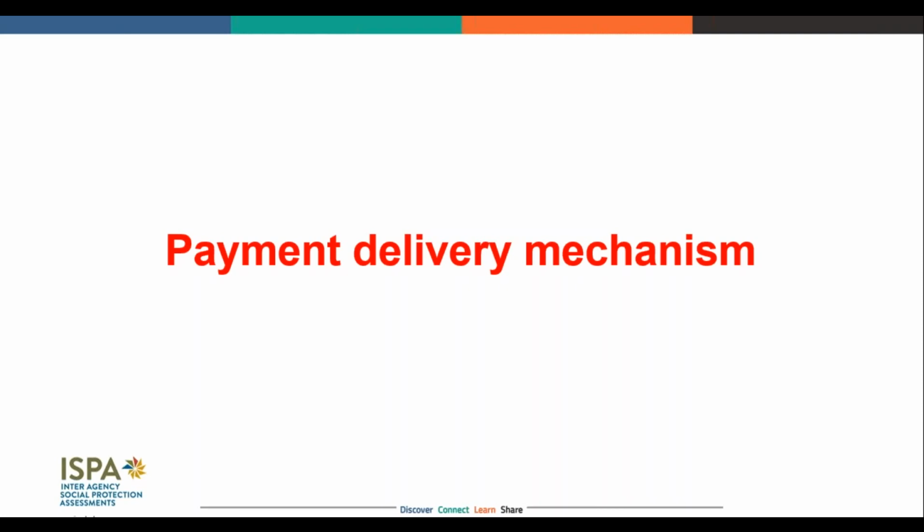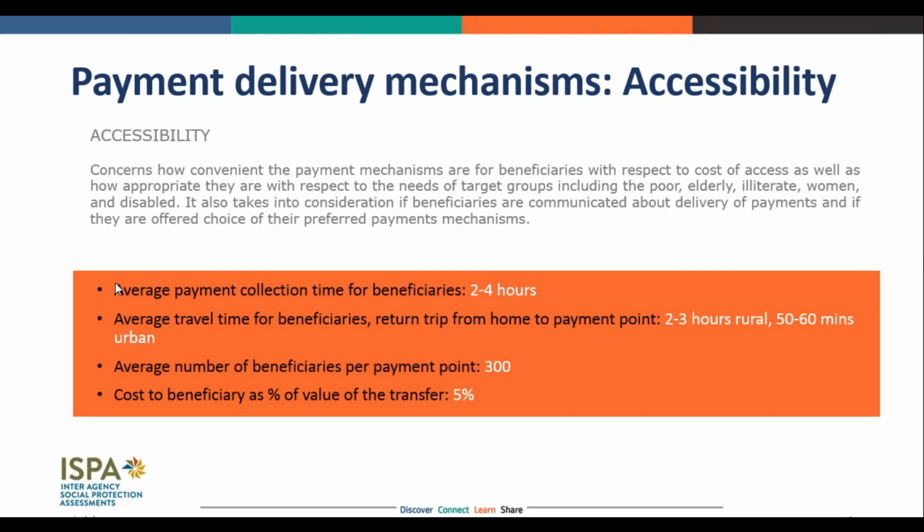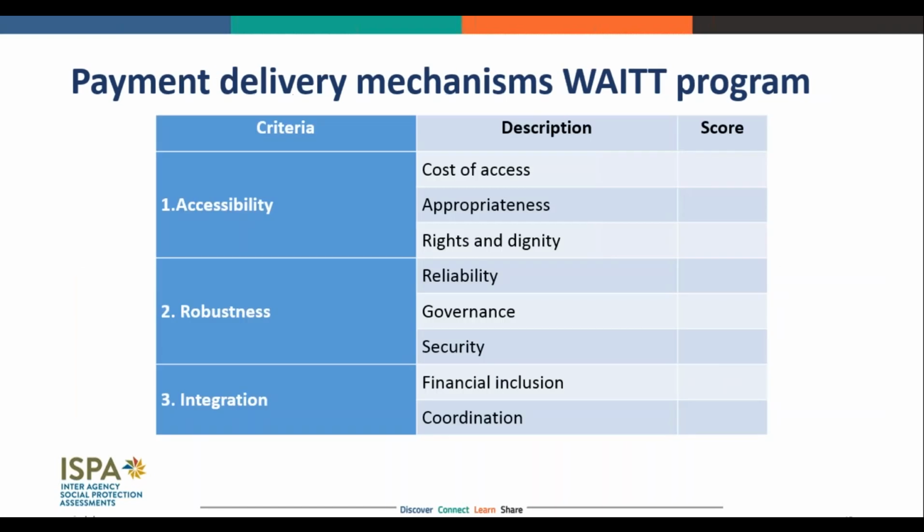So if we move on to the assessment of the payment delivery mechanism of the WAIT program, which is slide 16. You see here there are 3 criteria. Oops, sorry, if we go back a slide. There are 3 criteria: accessibility, robustness, and integration.